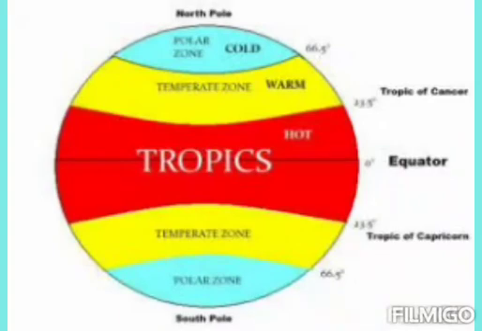Why is it called the 0 degree equator? Because it divides the earth, or the globe, into two equal halves, it is called the equator. 23.5 degree S is the Tropic of Capricorn, 66.5 degree S is the Antarctic Circle, 90 degree S is the South Pole.